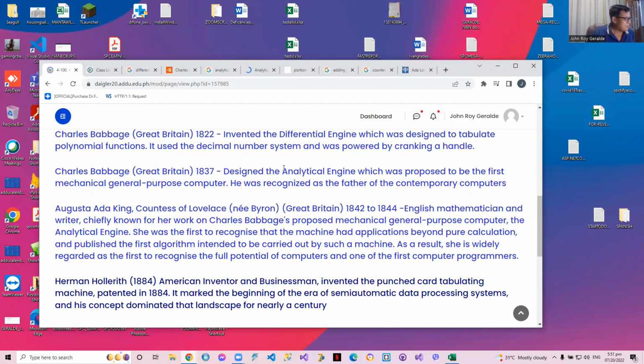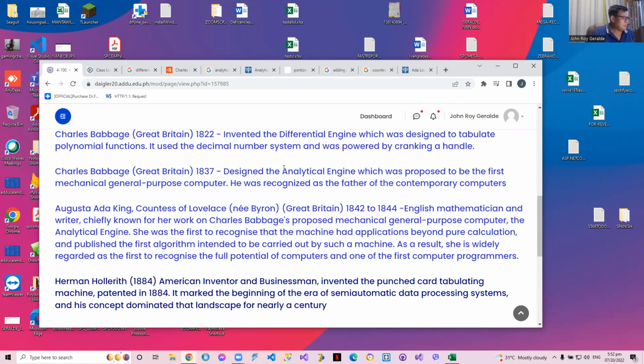Do you follow? The very first computer programmer is Countess Ada Lovelace, Augusta King of Great Britain. She died very early, at age 41. She was a binary arithmetician and one of the leading mathematicians during her time, a mathematician from Cambridge.